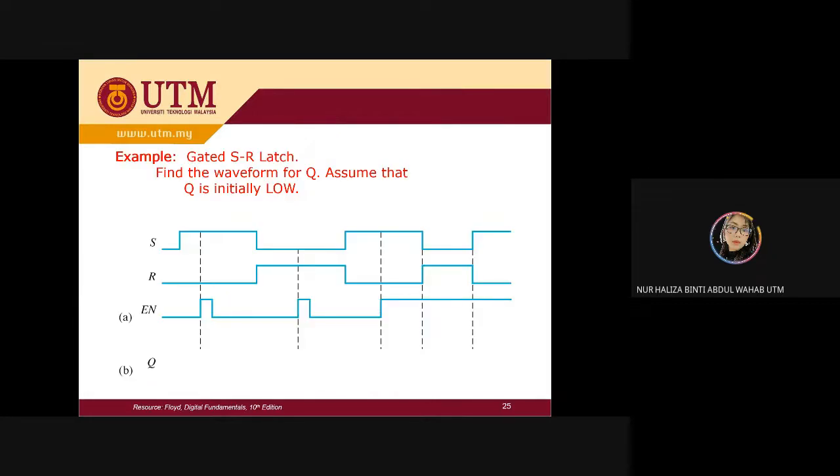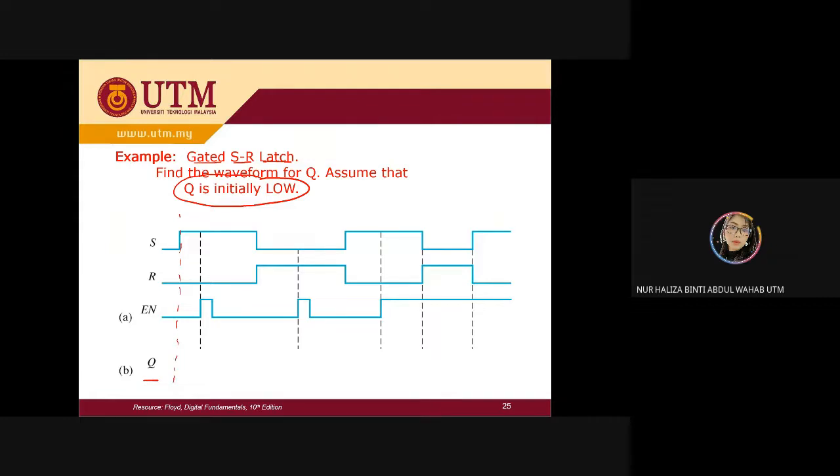So let's say you are given this question: you have a gated SR latch, find the output, and assume, as I mentioned, your initial output Q is 0. First thing first, what you need to do is draw the dotted line.